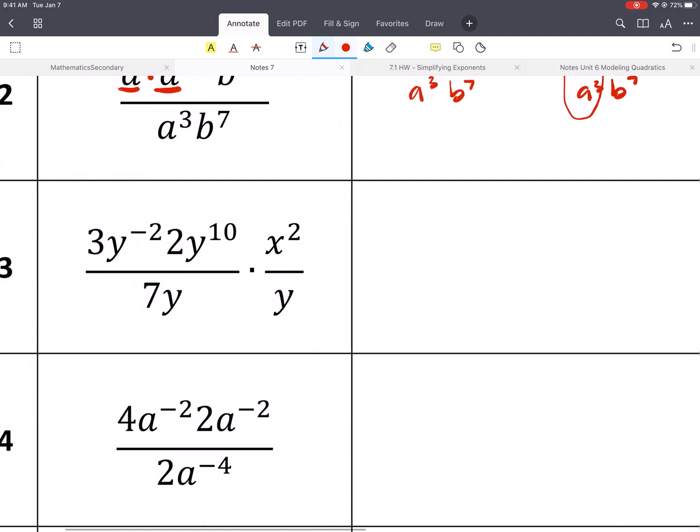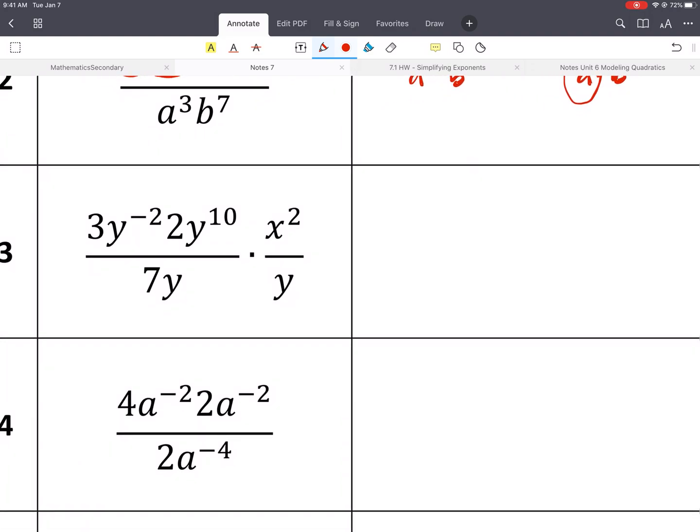Let's do another example. We're multiplying right here between those two, when we multiply straight across, as if there isn't a multiply sign. So again, we want to do everything that's on the top. So we have 3 times 2, and then we have y to the negative 2, and we have y to the 10, same bases, so we add their exponents.